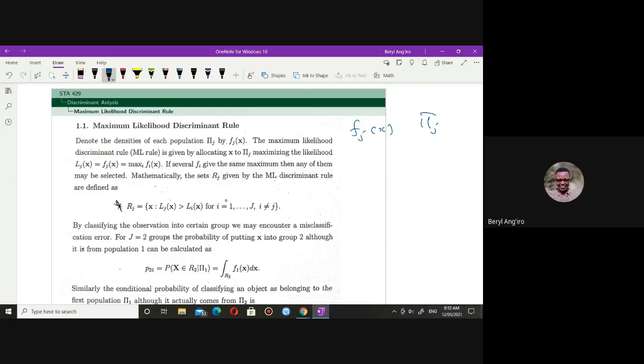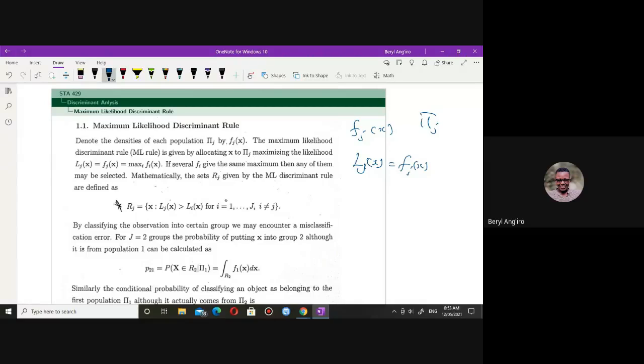So you allocate x where you maximize the likelihood function L_j(x). If several f_i give the same maximum, then any of them may be selected.